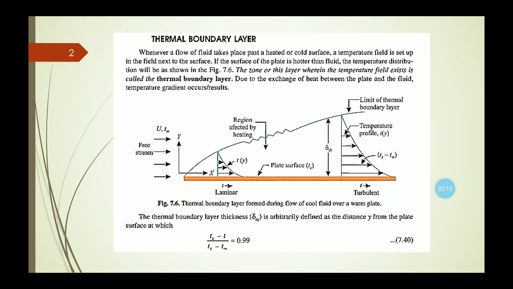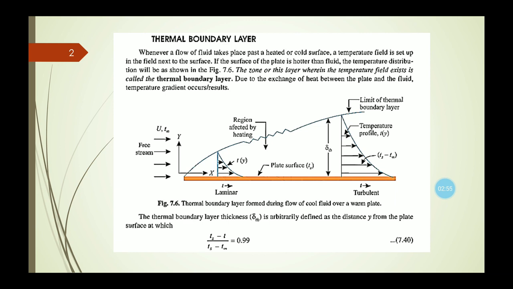If the surface of the plate is hotter than the flowing fluid, the free stream, in that case the temperature distribution can be represented like Figure 7.6. This is the temperature distribution profile. Now the zone or this layer where the temperature field exists, this is called the thermal boundary layer.